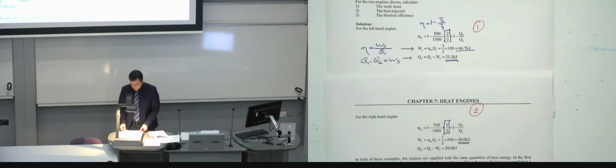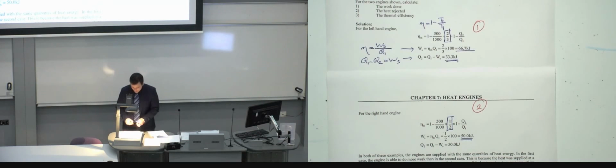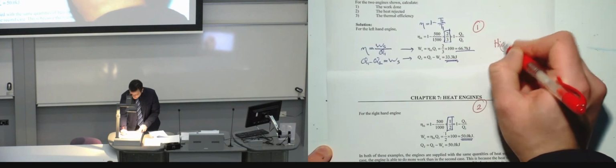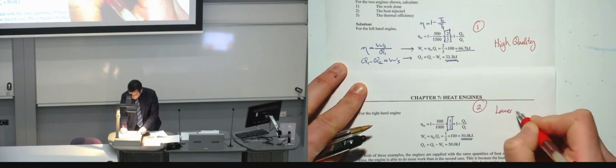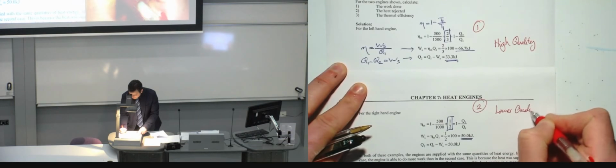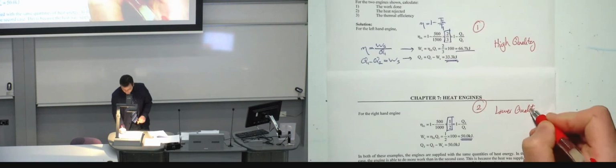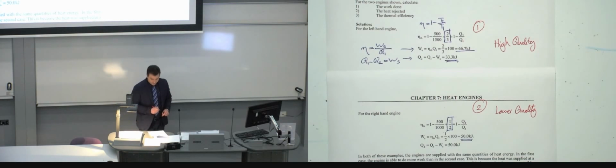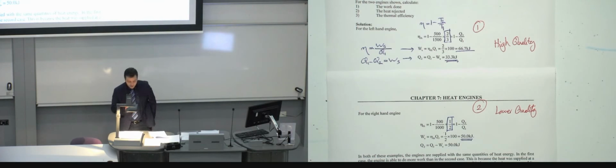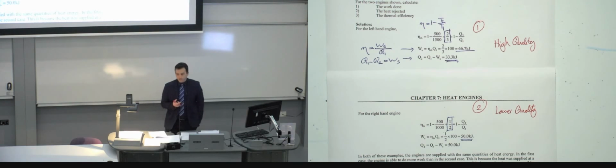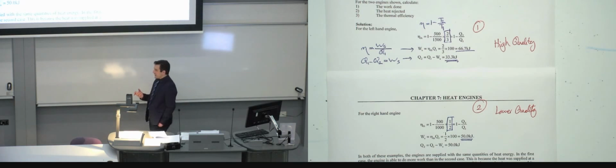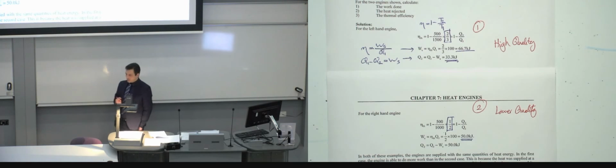Remember we talked about entropy and I said this is an indication of quality? This is a higher quality system compared to this one. This is a lower quality. When you supply a system at a higher temperature, you're providing a better quality energy.